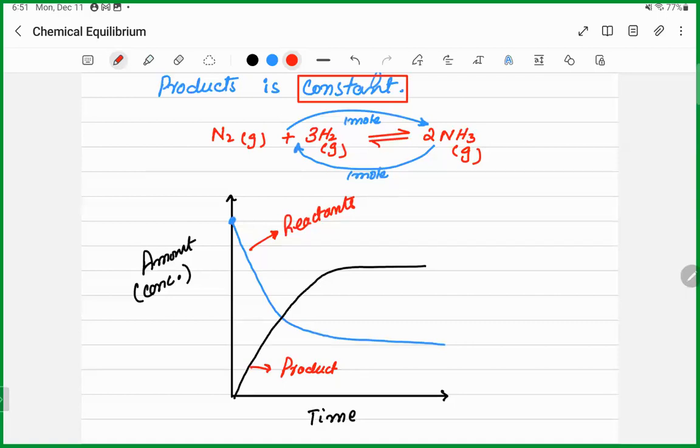प्रोडक्ट इनिशियली जीरो थी, ठीक है, दिस इज, यू कैन अज्यूम दिस इज जीरो, एंड दिस टाइम प्रोसीड इट बिकम constant. Now, roughly, this is the region where you can see the amount of reactant and product become constant. This is basically called dynamic equilibrium. Okay, this is called dynamic equilibrium.